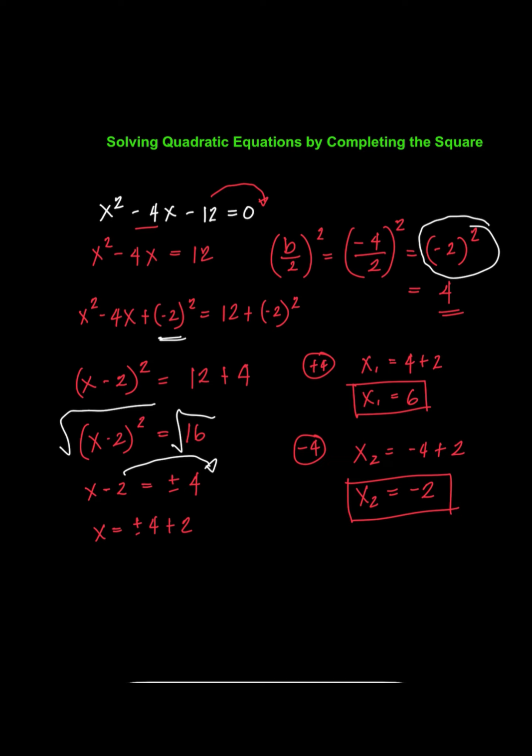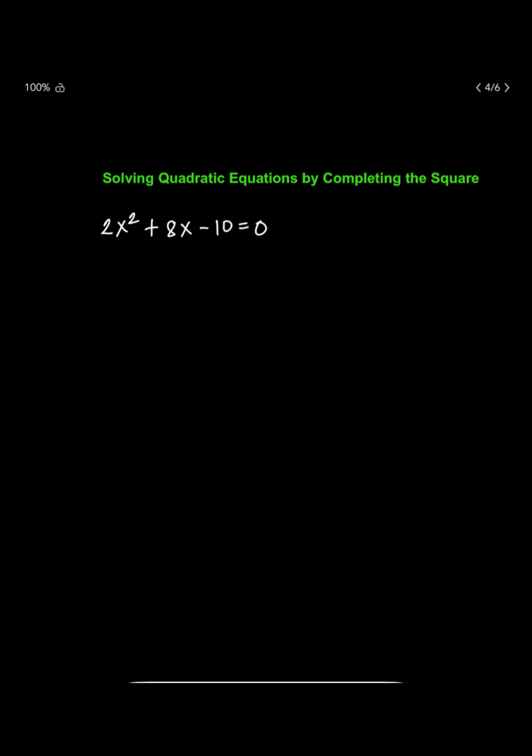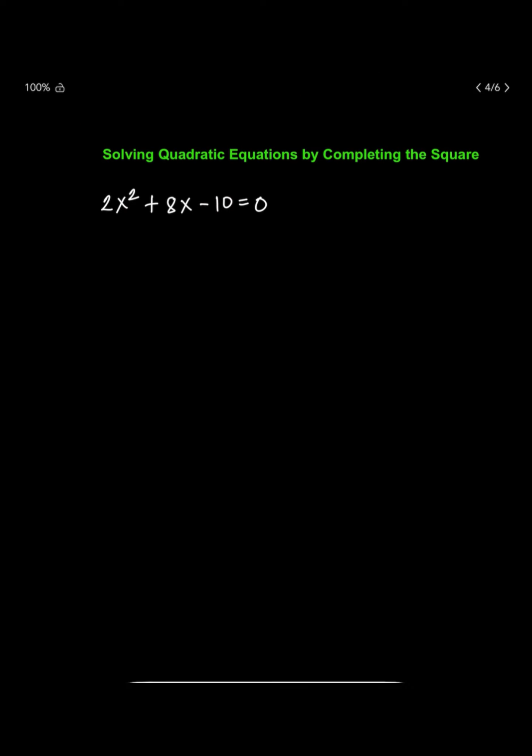Next, let's move on to the next example. Next example is 2x squared plus 8x minus 10 equals 0. So, ang first step natin, i-check natin yung coefficient ng x squared kung 1 na ba. In this case, ang coefficient niya is 2.